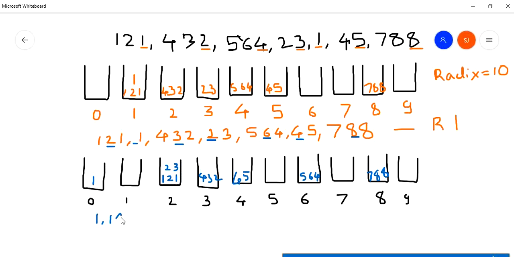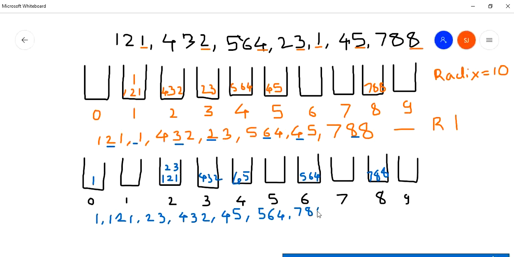Remember that 121 we inserted first, then 23 we inserted, so 121, then 23, then 432, then 45, next is 564, and lastly we have number 788.